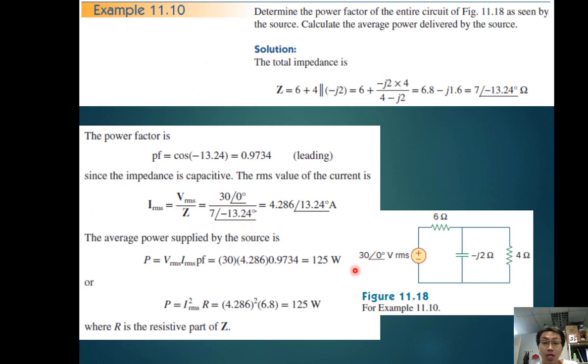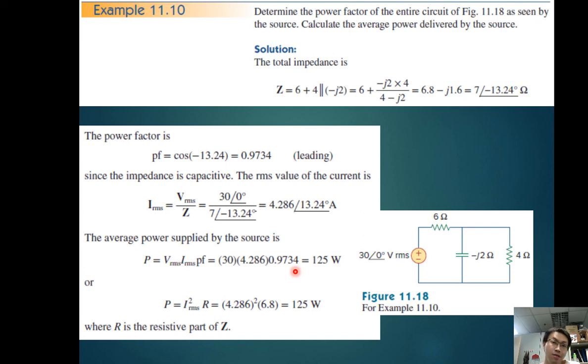Oh, okay, it stated that Vrms is 30. Then my Irms is 4.286. And then my power factor is 0.9734. Then I found that it's 125 watts.